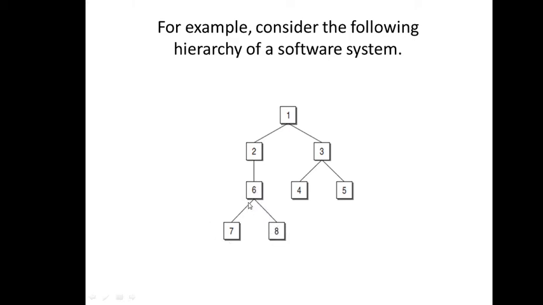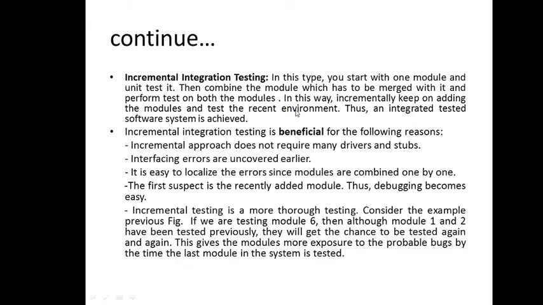So again it is localized, so we are easily able to identify the error. Similarly, as we move upward, this becomes a partially tested system. We integrate with the second module, and so likewise, one at a time, the modules are being added and we keep on checking until the root module is reached. So this is what incremental testing is.